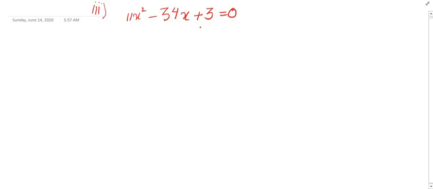Next, part 3. Part 3 is 11x square minus 34x plus 3 equals to 0. Now here a equals to 11, make the coefficient of x square equals to 1, divide the equation 1 with 11.